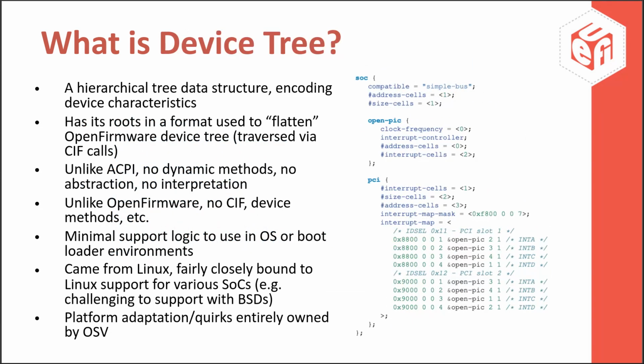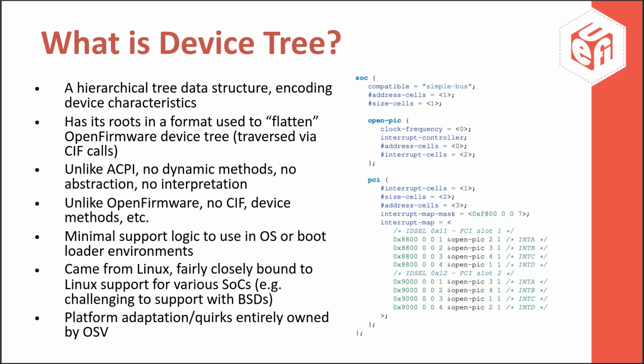Of course, I mentioned device tree. What is device tree? Those of you familiar with the ARM space know that over the last few years there's been quite a bit of a battle, of contrasts, over whether ACPI is appropriate for systems or device tree is appropriate for systems. What is it? It is a hierarchical tree data structure which encodes device characteristics.